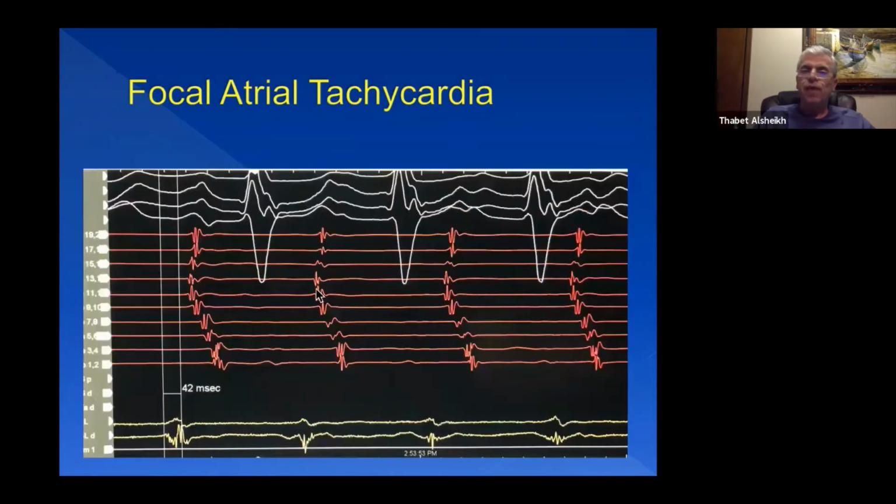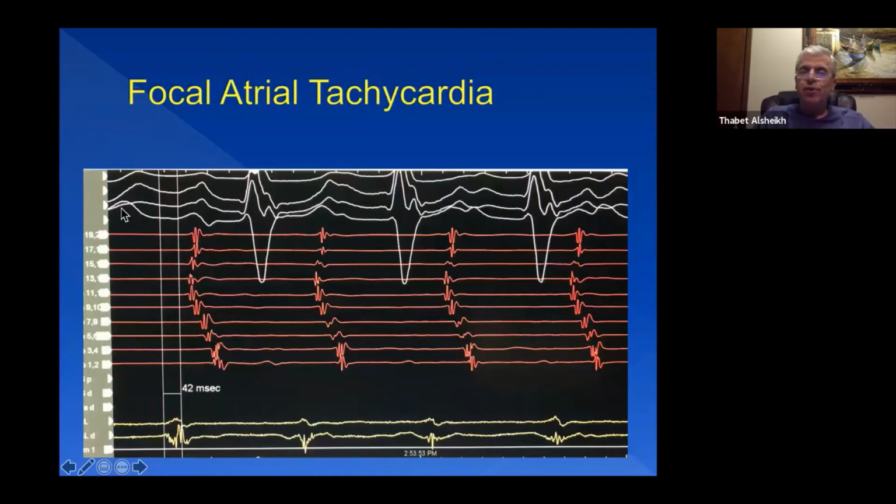So you need to find, this is the same atrial tachycardia. You can see here QRS, T wave, and P wave within the T wave. The same thing here. So you really can't tell exactly where the P wave starts. So you need to find the P wave that's dissociated from the T wave.